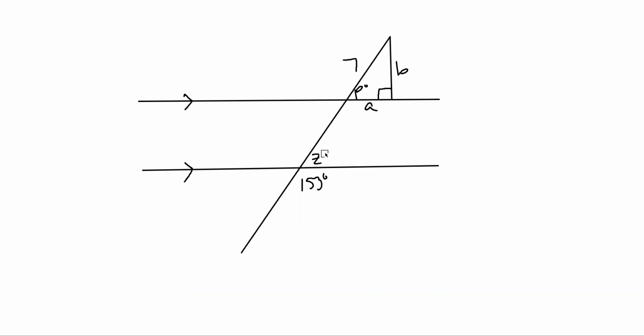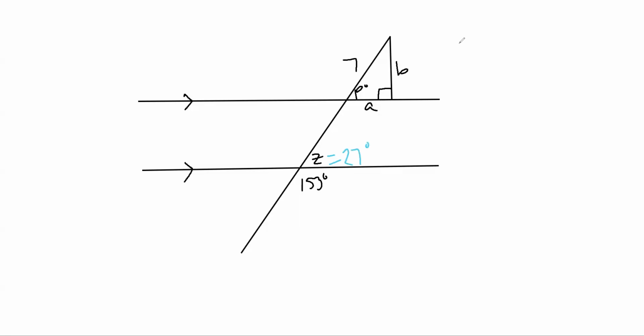Let's start with letter Z right here. If I'm trying to find Z, and this angle is 153 degrees, they're supplementary, right? They make this line here. So I can just take 180 and find the difference. I would subtract them and find that Z has a measurement of 27 degrees.